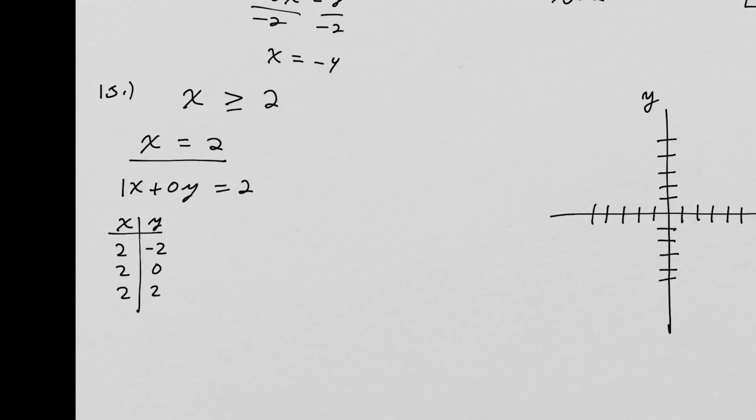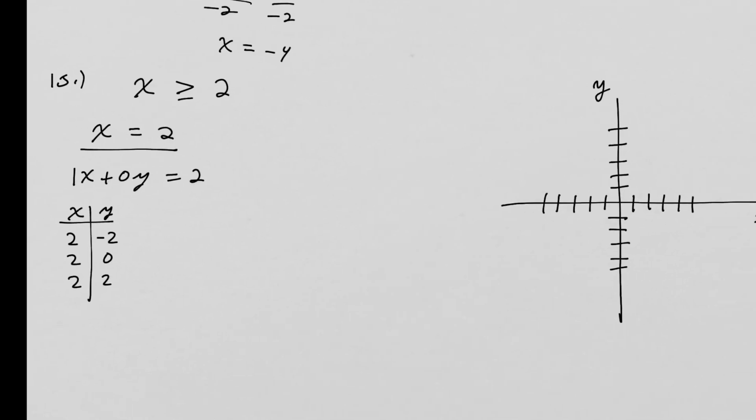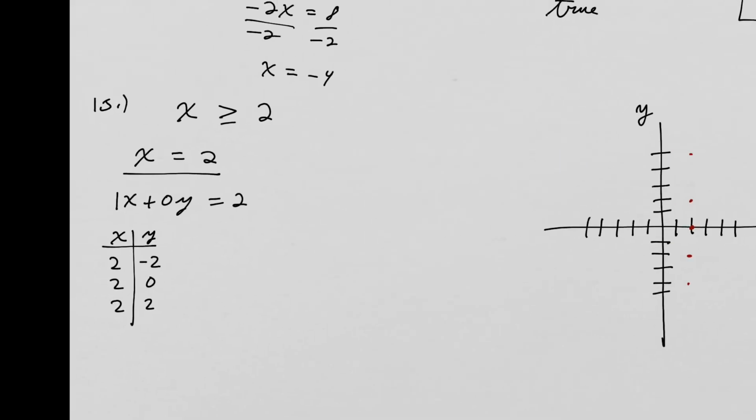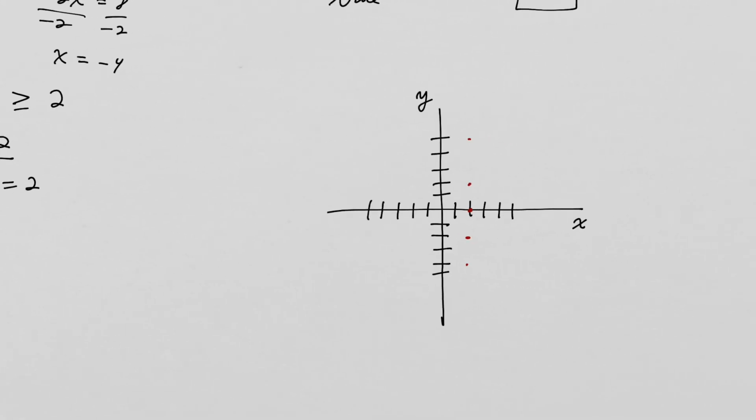So if we graph this, let's see, 2, negative 2, 2, 0, 2, 2, 2, 5, 2, negative 4, etc. This is going to be the vertical line. And actually, if I'm being careful, since it's greater than or equal to, it should be graphed as a solid line. So something like that. Now I want to figure out what side to shade, so I pick a test point. Again, let's just use 0, 0.